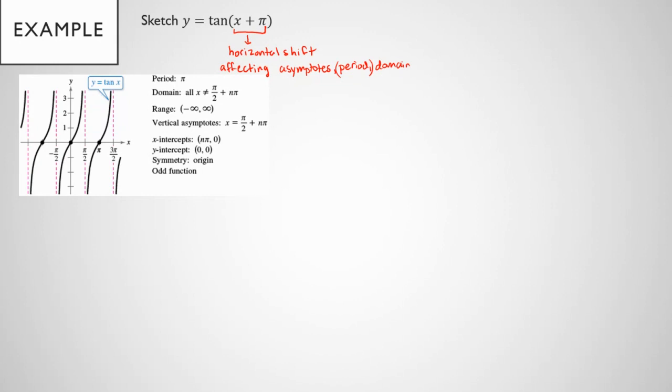Although in this case, I'm going to put period in parentheses because that is mainly if your coefficient b is not equal to 1. So if there's a number in front of x, then that affects the period. In this case, the number in front of x is 1, so our period is not going to end up being affected, but in general, anything that happens inside there affects the period.